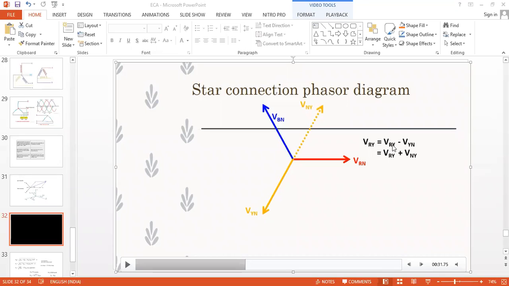So it is the vector combination of, here again it is a printing mistake, it should be VRN. All of you can make sure of this point, it is VRN. It is a vector combination of VRN plus minus of VYN. What is minus VYN? We can also put it as VNY. So line voltage VRY is the vector combination of VRN phase voltage plus VNY phase voltage.